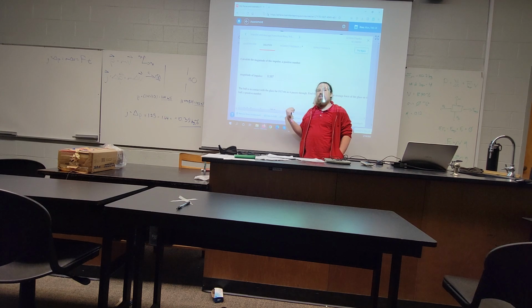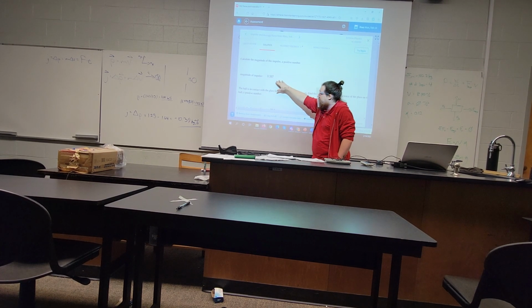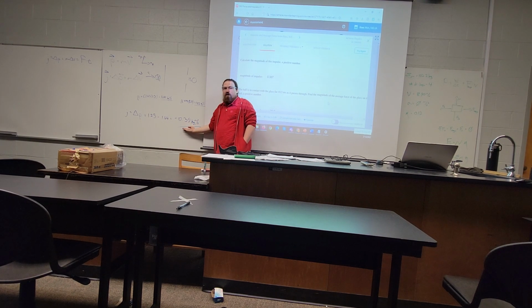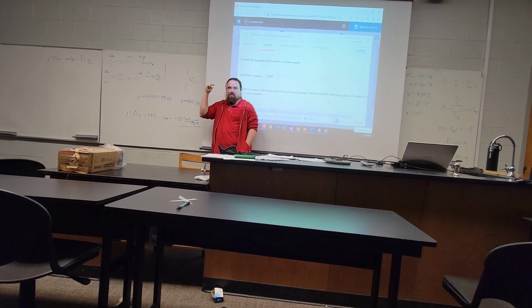And whoever coded this question did not code it to receive a negative answer. It's been coded to accept just the positive absolute value, the magnitude, of the answer. So note, the answer it's expecting here, positive 0.389, is basically the absolute value of what I just calculated. So it just doesn't want the negative sign because we already addressed the direction in the first part.